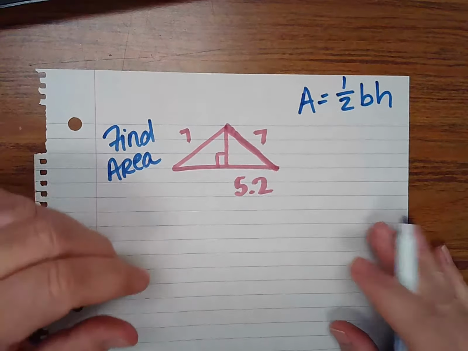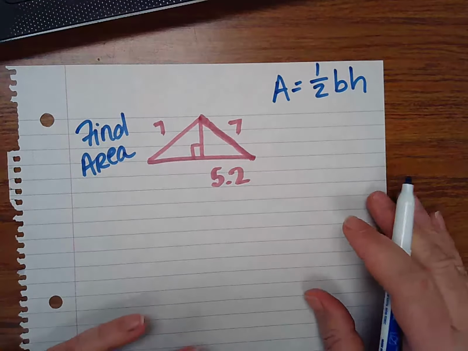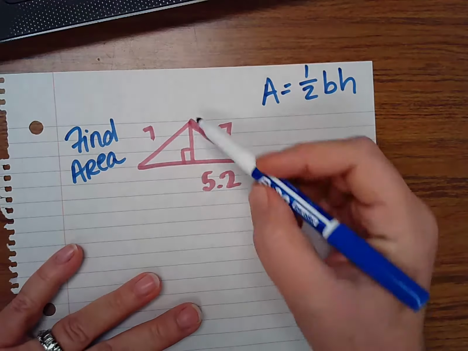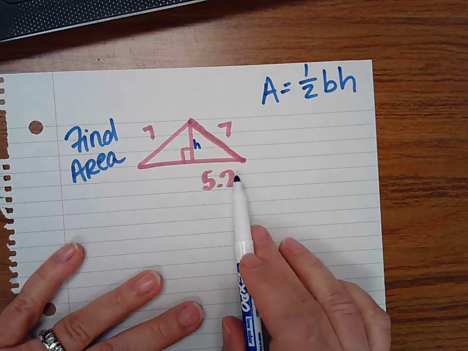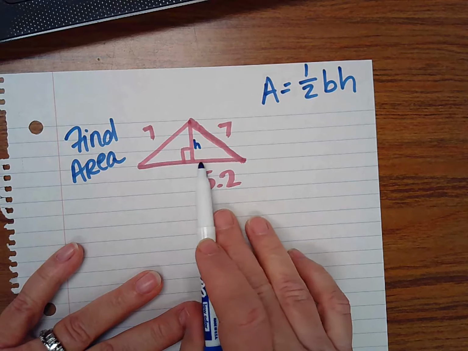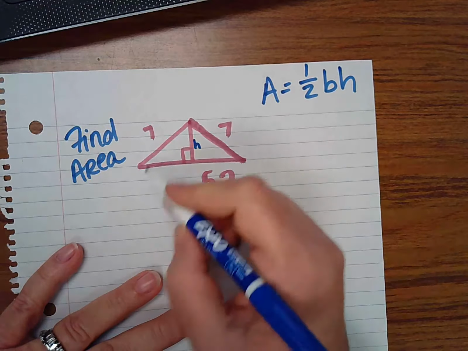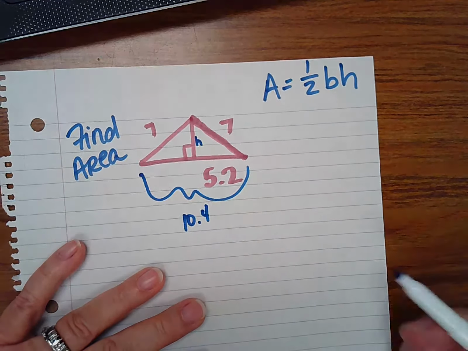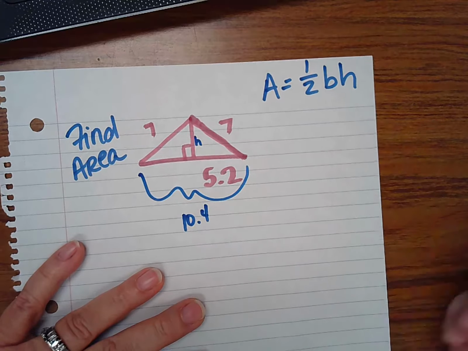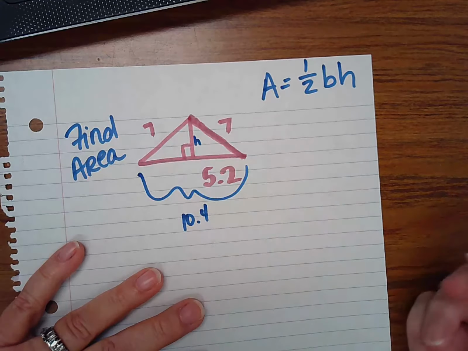Okay, and in this particular triangle, here's the height. And the base, this is 5.2, so the whole base would be 10.4. But I don't really need the whole base because it's half the base times the height, so I already have that. So I just need the height.